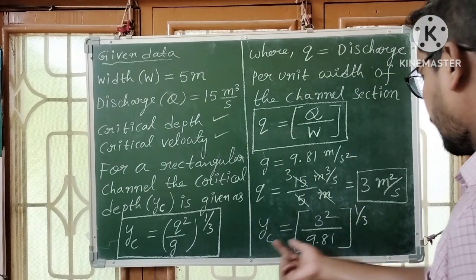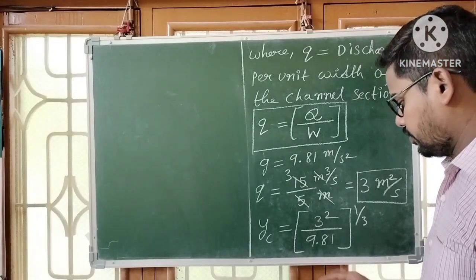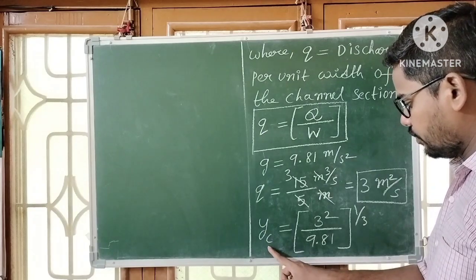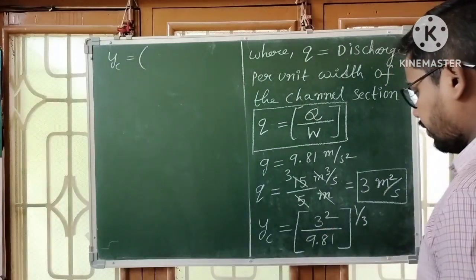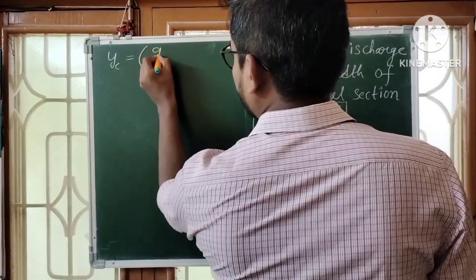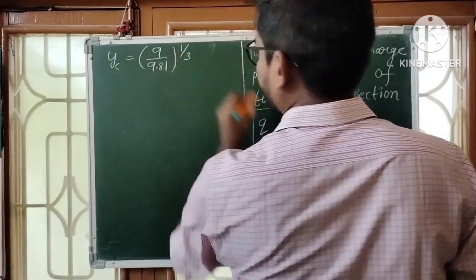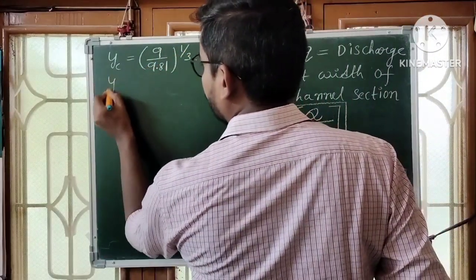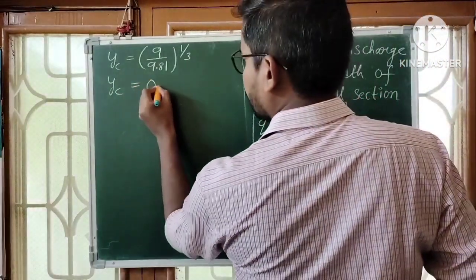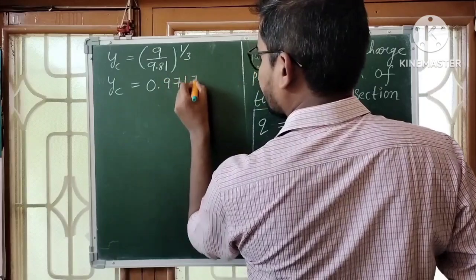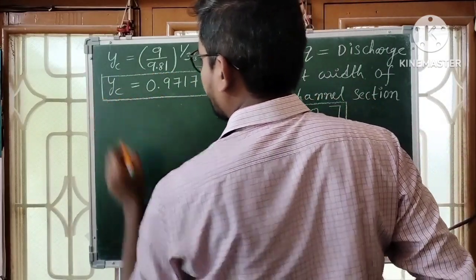Now if we calculate this value, you will get critical depth. 3 square, 3 threes are 9, by 9.81 whole power 1 by 3. If you calculate, you will get approximately 0.9717 meters. This is the value of critical depth.